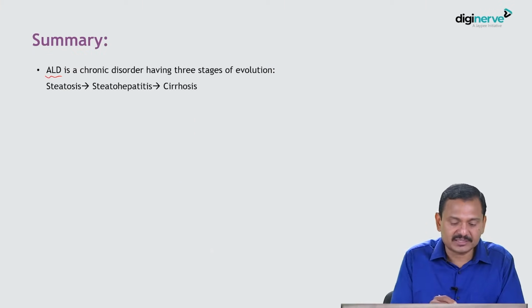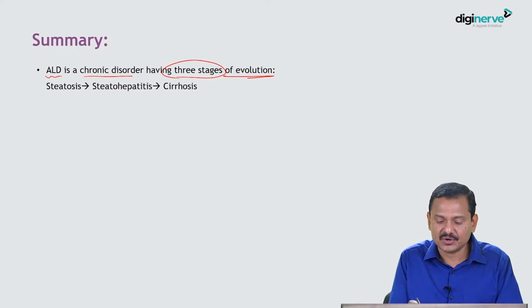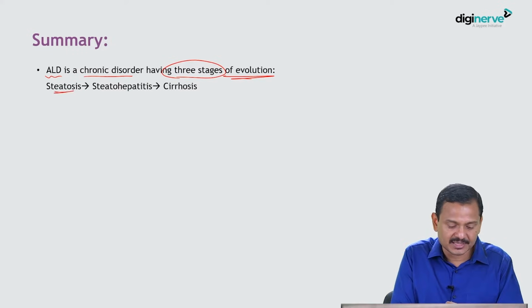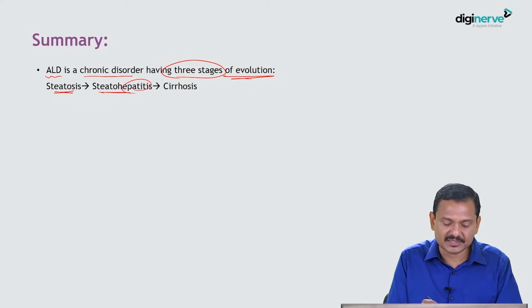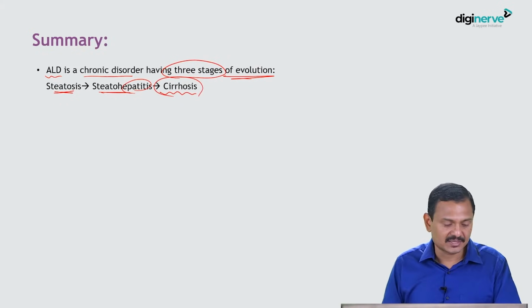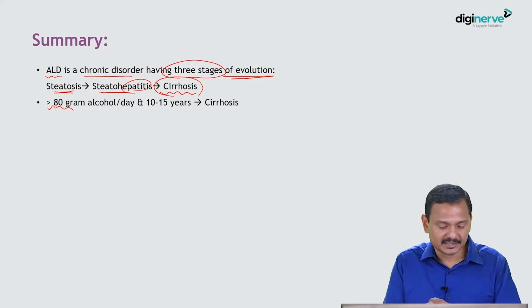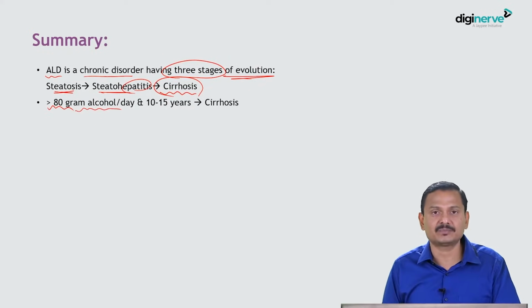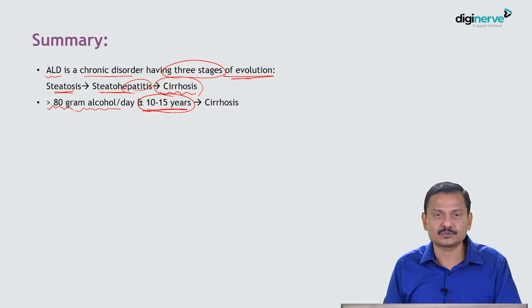First, alcoholic liver disease is a chronic disorder having three stages of evolution. The first is steatosis, second is steatohepatitis where there is inflammation, and the third is end-stage liver disease, that is cirrhosis. The amount is also important, more than 80 grams of alcohol per day, and the duration is also important, more than 10 to 15 years.